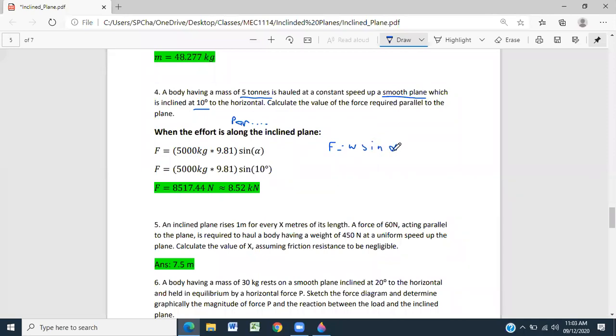Now, they gave us alpha as 10 degrees, the inclined plane which is inclined at 10 degrees to the horizontal. So they gave us alpha, which is great. We can replace this with 10 degrees. And 5 tons is 5,000 kg.